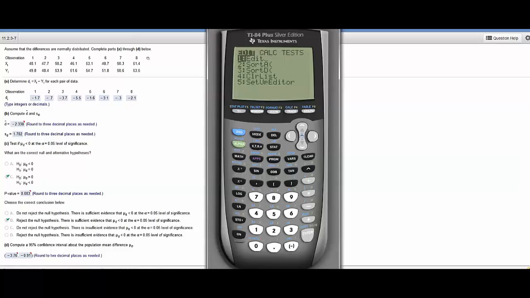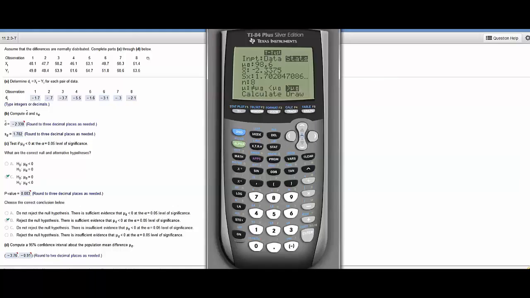Let me go back over to my tests, and under test, again, matched pairs is a t-test instead of the 2-sample test. It's going to be a 1-sample test, the T-Test.